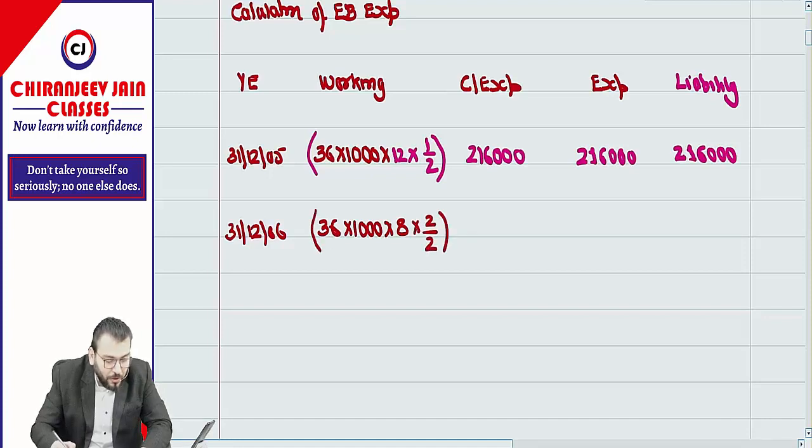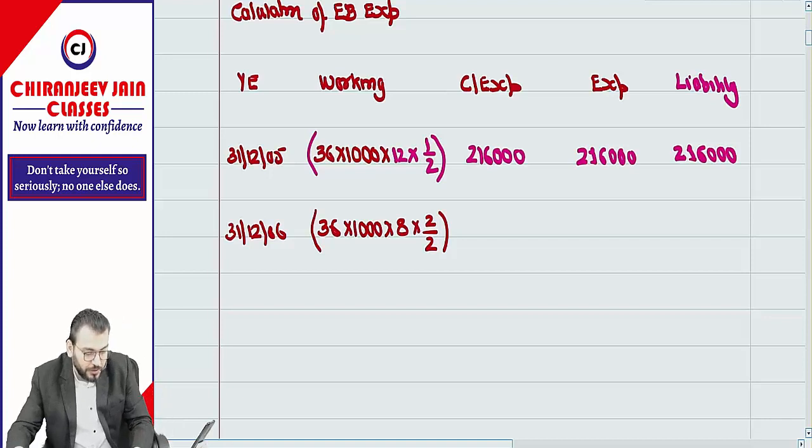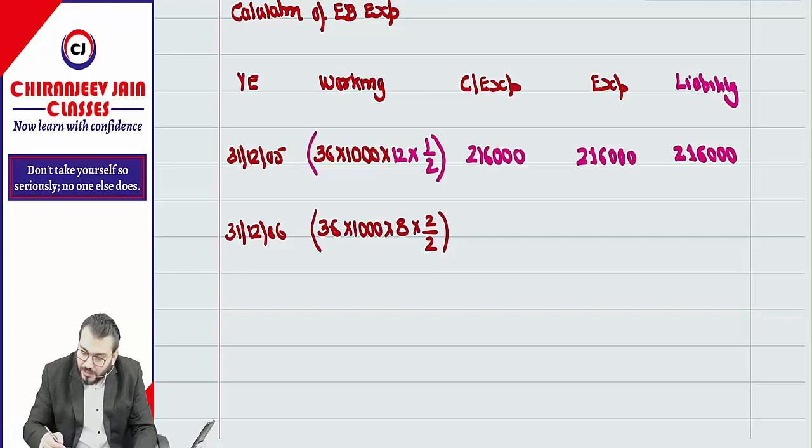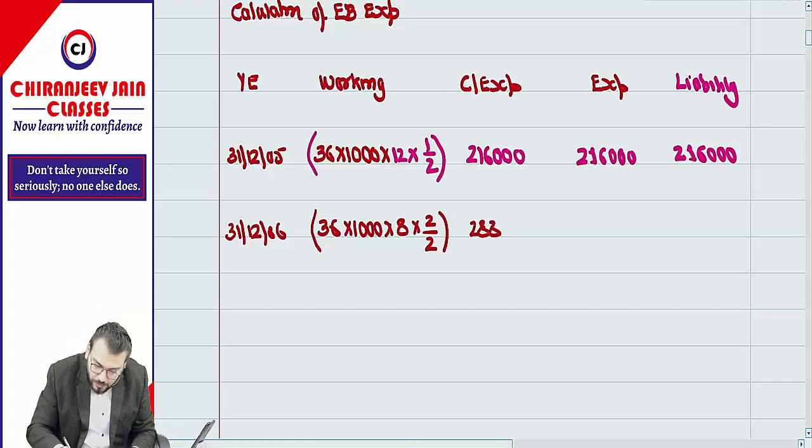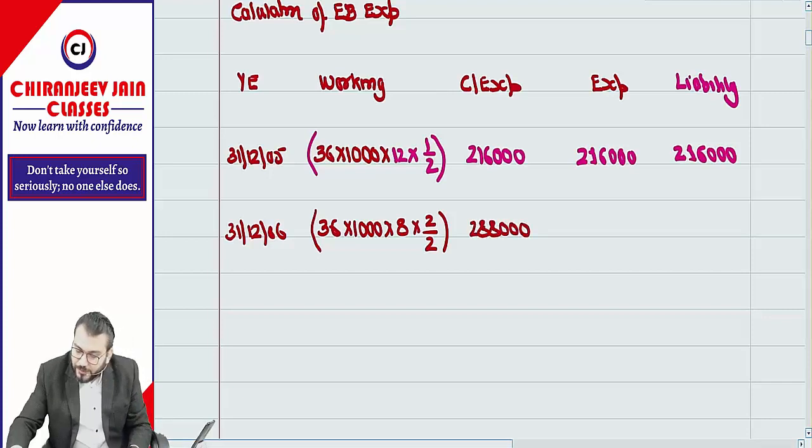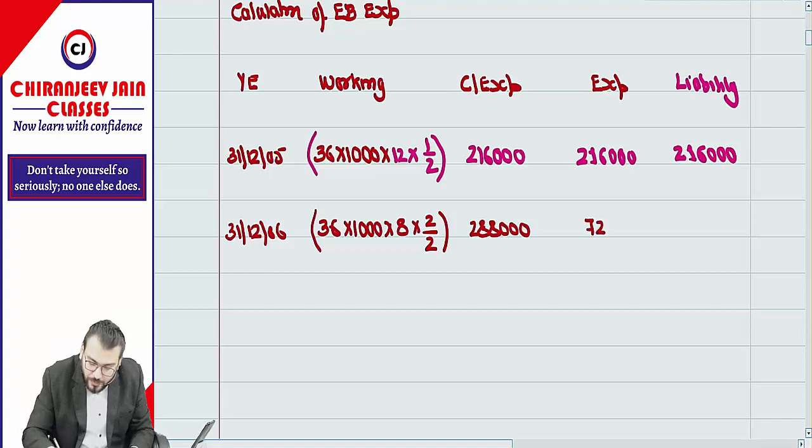So this is coming how much? 36 into 1000 into 8. That is 2 lakh 88,000. Correct? So what is the expense? 2 lakh 88,000 minus 2 lakh 16,000. That is 72,000.